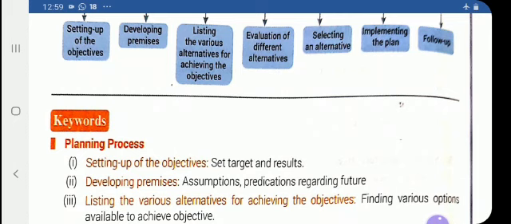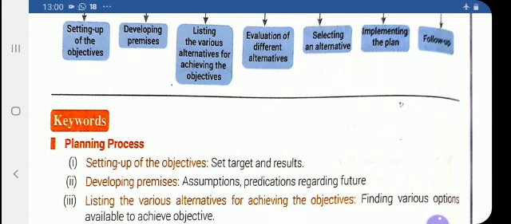As the future is uncertain, the managers are required to make certain assumptions about the future in terms of customers' preferences, what kind of demand there will be in future for the product, competition, interest rate, whether it is going to increase or decrease, state of economy, whether it is in the boom period or in the depression period in future, government policy and so on.